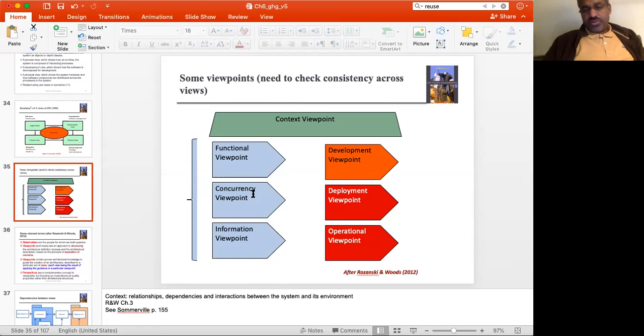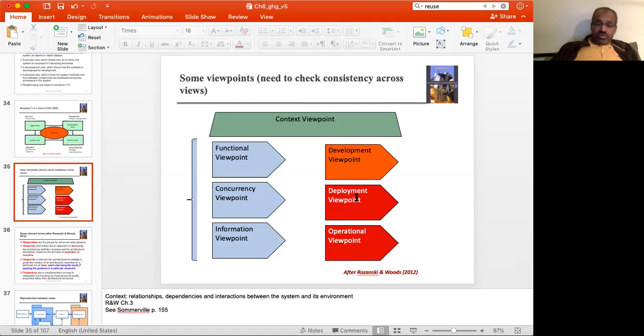The information viewpoint would be concerned with the data and data organization. Development viewpoint, we talked about that before: the software developers and cutting up the software system into components that they're allocated to work on. Deployment is about the actual physical deployment of the system onto hardware and technological components.